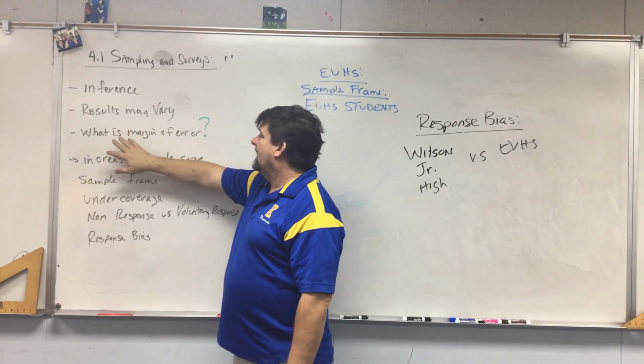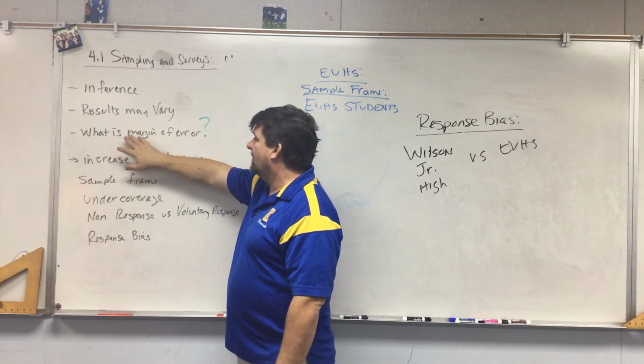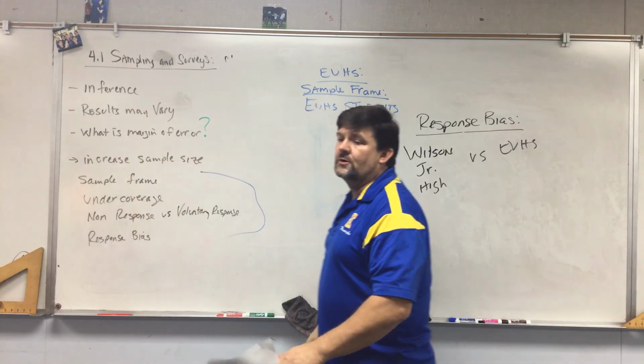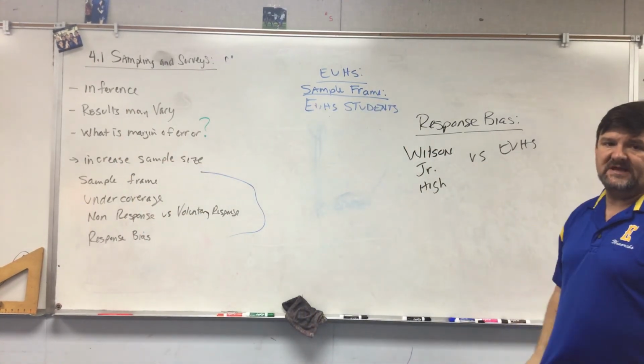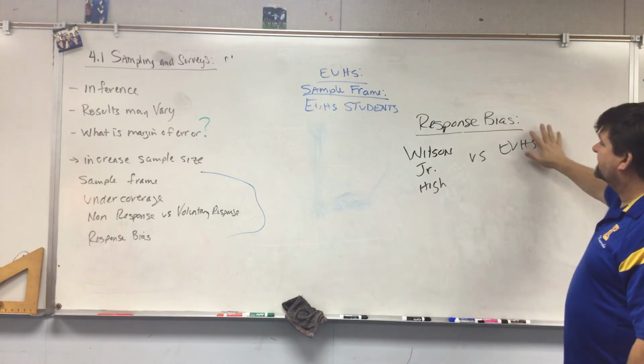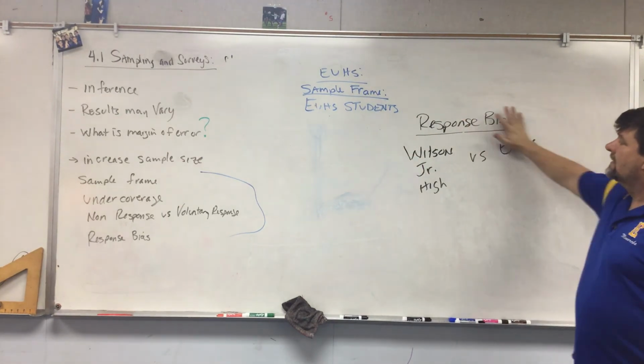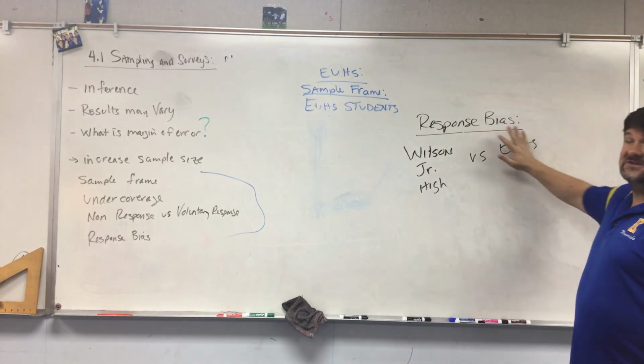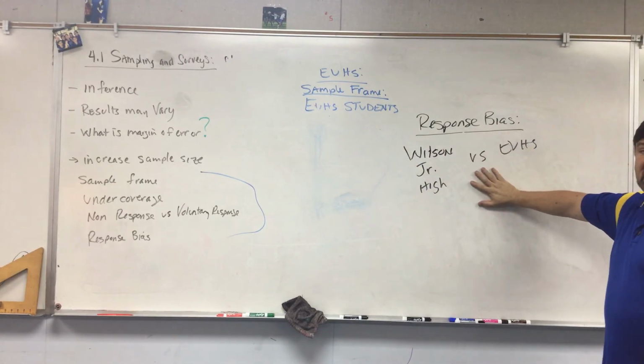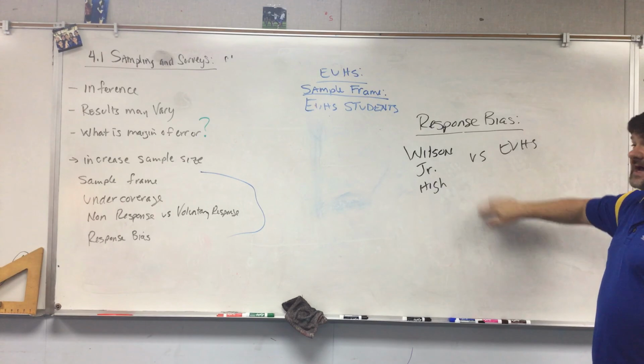It may not increase your margin of error, but you lose your ability to infer about the population. Now, if this is what our project is on this semester, I'm waiting to see how this all works out, but that's the idea.